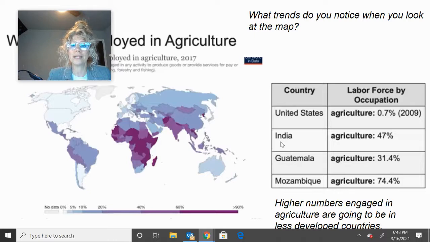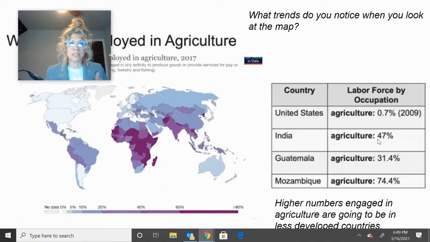And then we look at a place like India, where 47% of the labor force are farmers. I want to say in Rwanda, it's 73% of Rwandans are farmers, okay? So the takeaway here is that we see higher numbers engaged in agriculture are going to be in less developed countries.